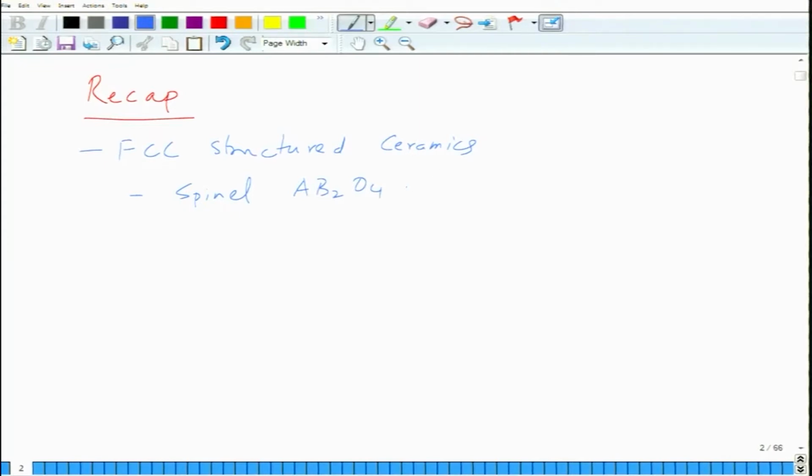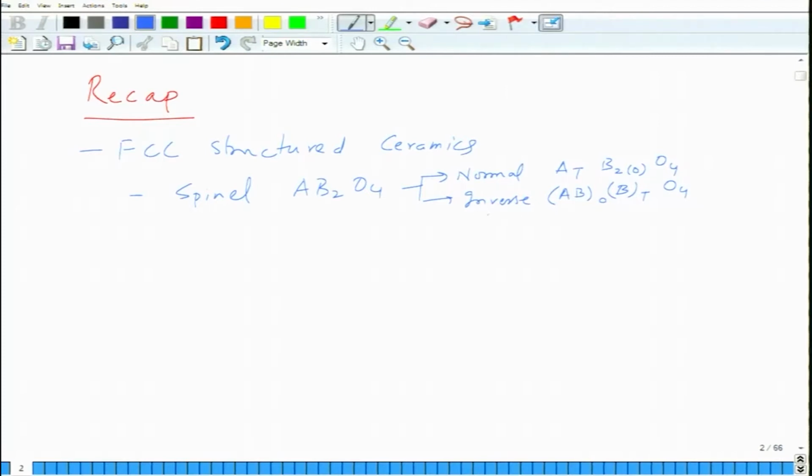These spinels are in two forms: one is normal spinel and the second is inverse spinel. In normal spinel, A goes to tetrahedral, B goes to octahedral, and the oxygens make an FCC lattice. In the inverse case, A and B go to octahedral, and one B goes to tetrahedral, and oxygen makes an FCC lattice.